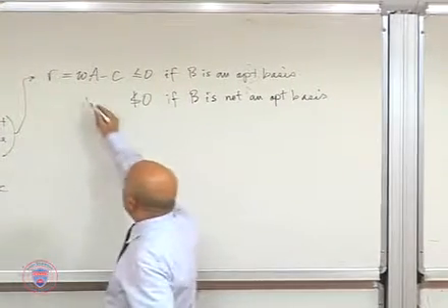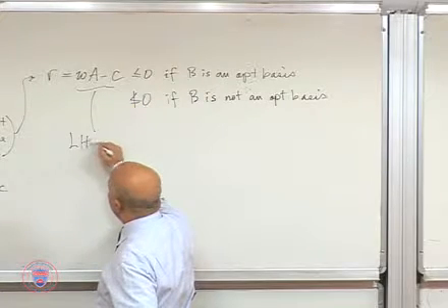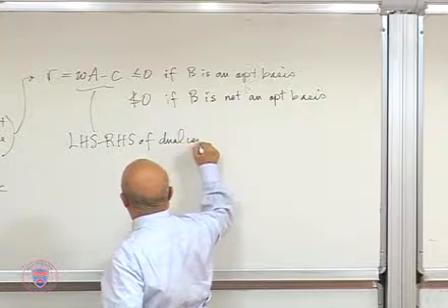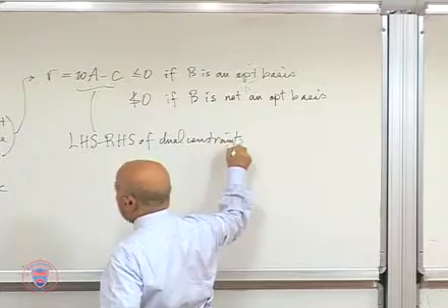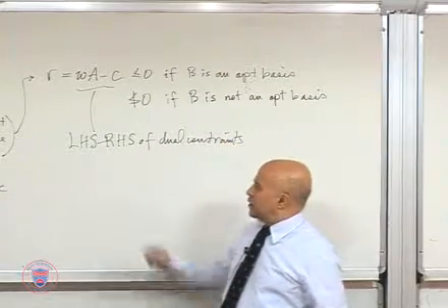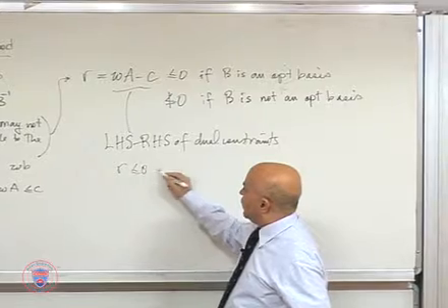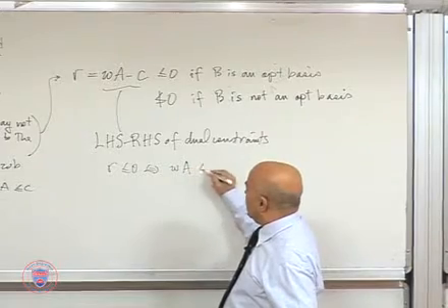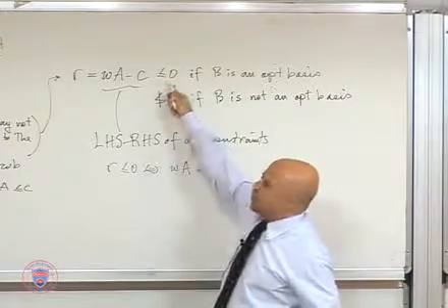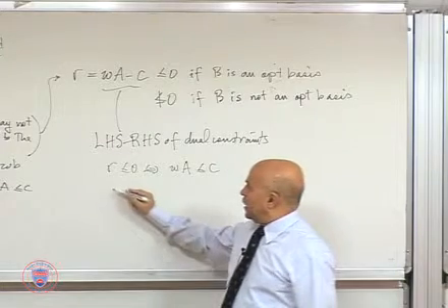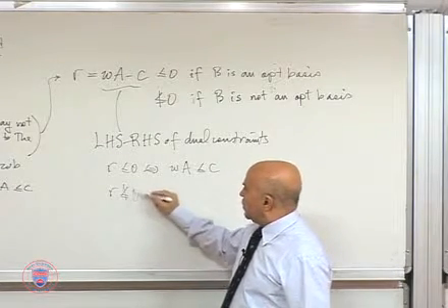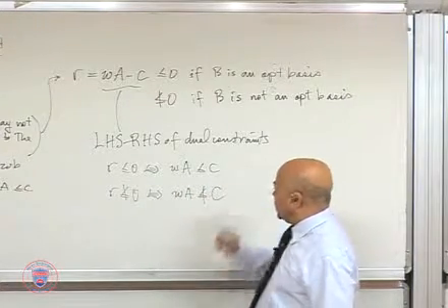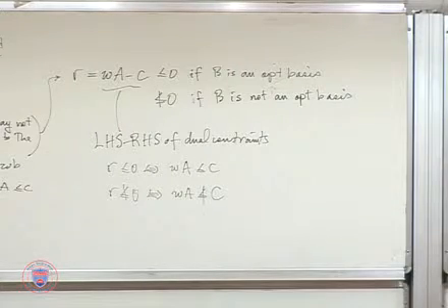So if you look at this, actually, this is the left-hand side minus right-hand side of the dual constraints. See? That's what it is. So whenever R is less than or equal to 0, that means W defined by CB B inverse is actually such that WA is less than or equal to C. And whenever R is not less than or equal to 0, that means WA is not less than or equal to C, which means at least one dual constraint is violated.